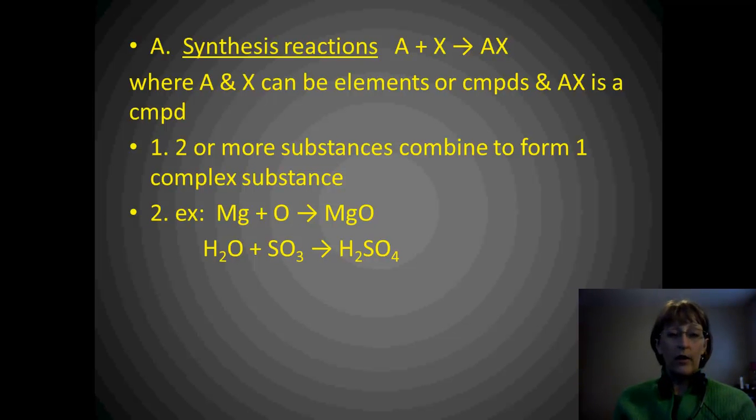So if we have water plus sulfur trioxide, we produce H2SO4. You need to know that compound. H2SO4. It starts with H, so it is an acid. What acid do you know that has sulfur in the name? That would be sulfuric acid. So you have two simpler things, although they're both compounds, they combine into one big chunk and you get H2SO4.